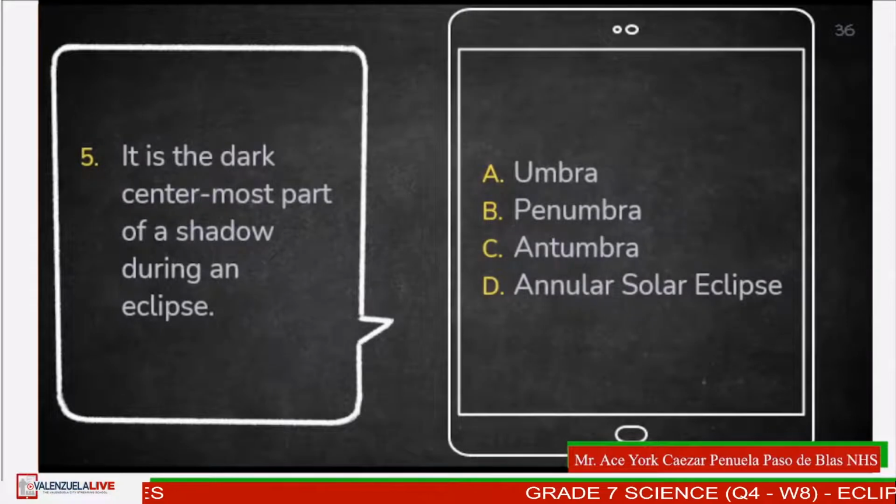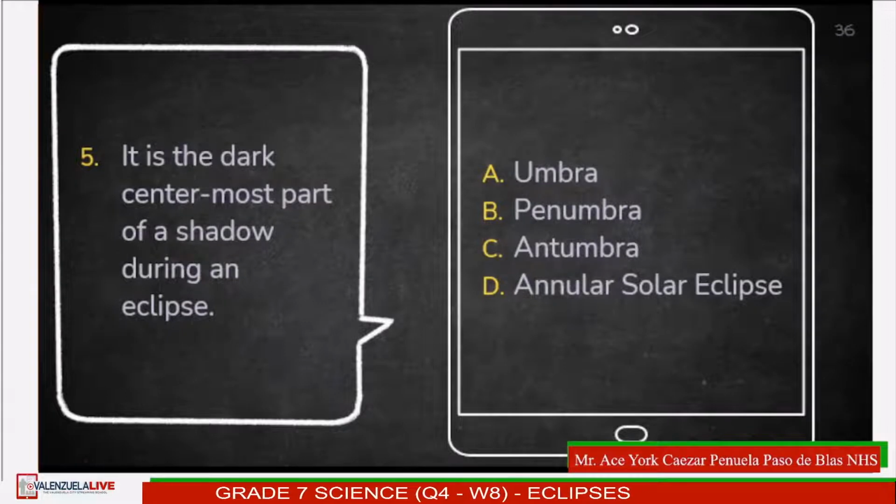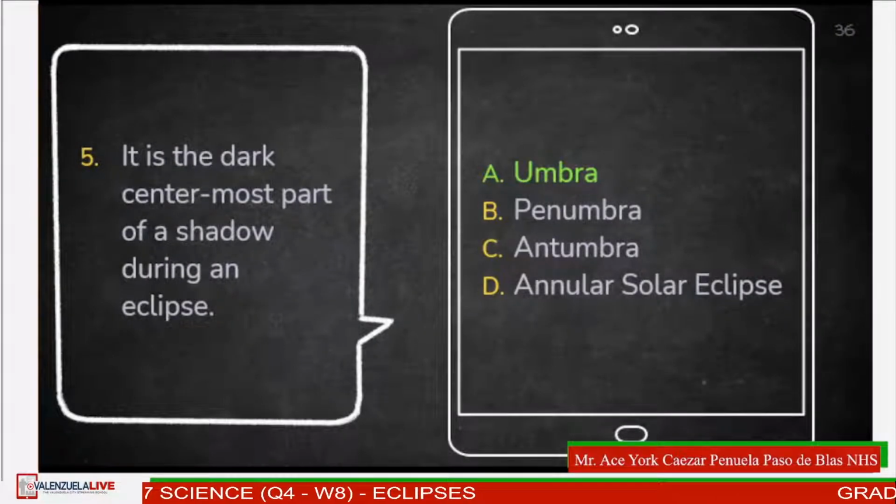For the last number, number 5, it is the dark centermost part of a shadow during an eclipse. So, the correct answer is letter A, umbra.